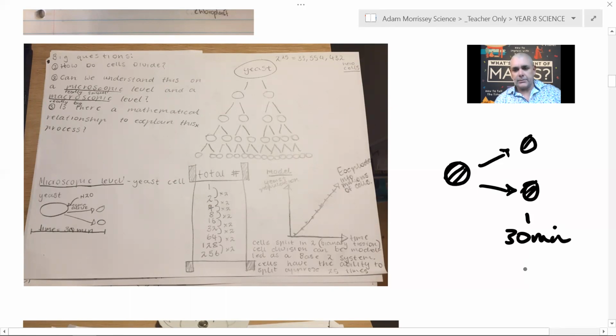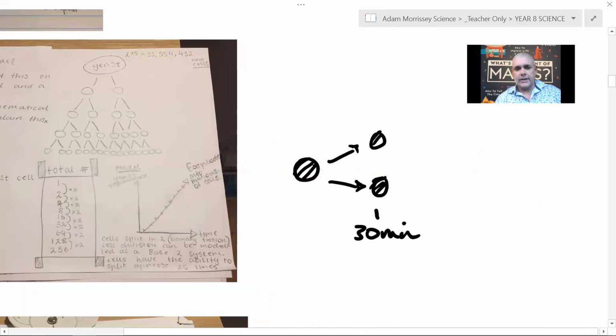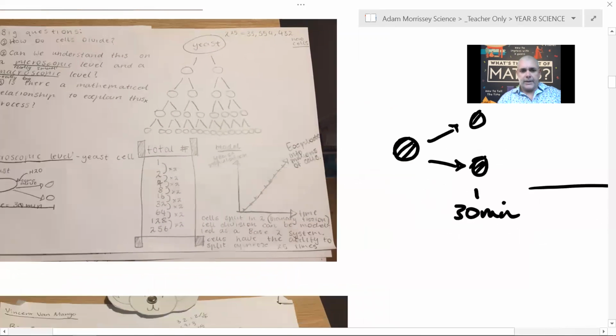How many yeasts would there be after 4 hours? So that's the kind of little setup that I had here, and you can see that in the students' work. They begin to explore what that looks like.